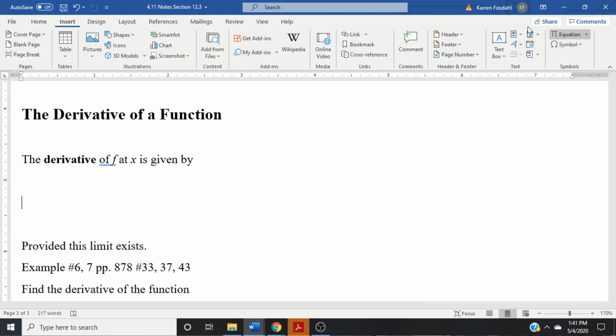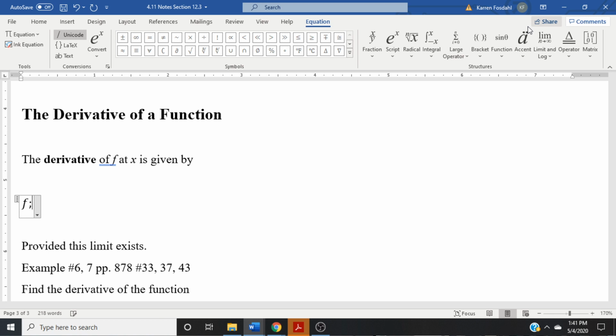Now again, you see this little apostrophe on f of x. That means f prime at x.